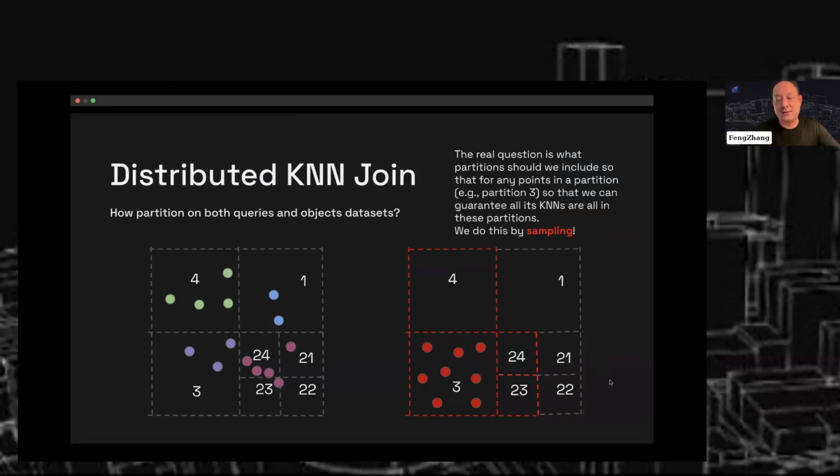If we have the ability to do that, then it will greatly reduce the number of computations and the number of points you will place into the partitions, right? We do this by sampling. Basically, we sample the big tables on the object side, and then use those samples and a spatial algorithm to do this.